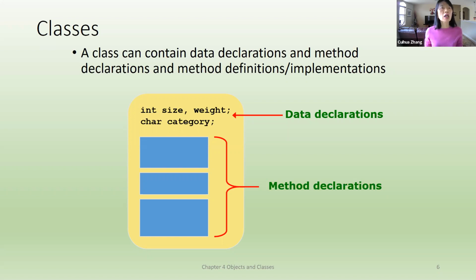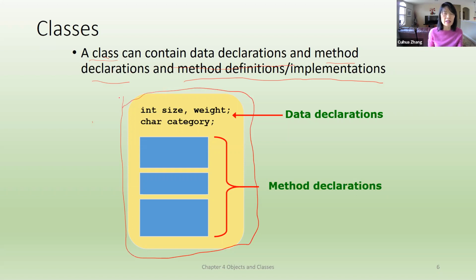Okay, so classes. A class can contain data declarations and method declarations and method definitions, the implementations. If you visualize it, this is a class. What does a class have? A class has to have these data. We call them data declarations. These are the characteristics, the properties of a class. And then you have to have methods.